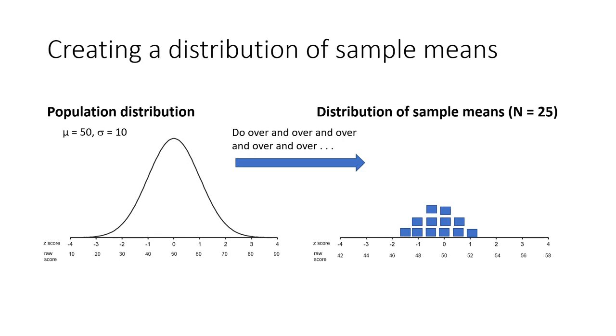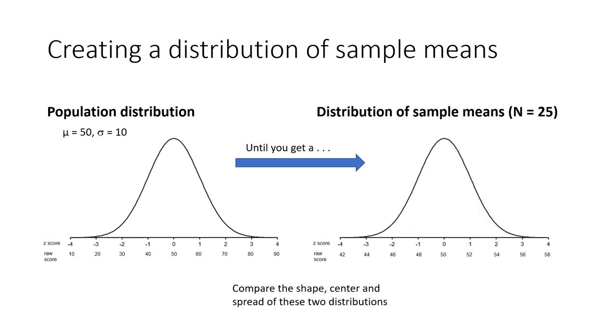Then I'm going to have to do that for Harriet and Leon and so on. So for every single possible combination of 25 people, I'm going to plot their mean. And if I do that, I'm going to get a distribution of sample means.